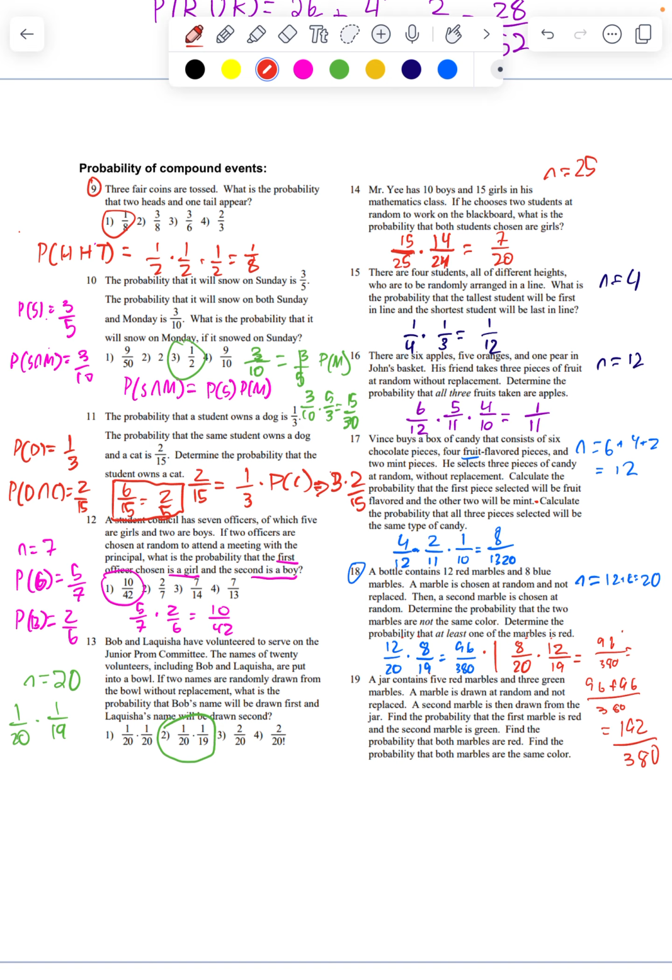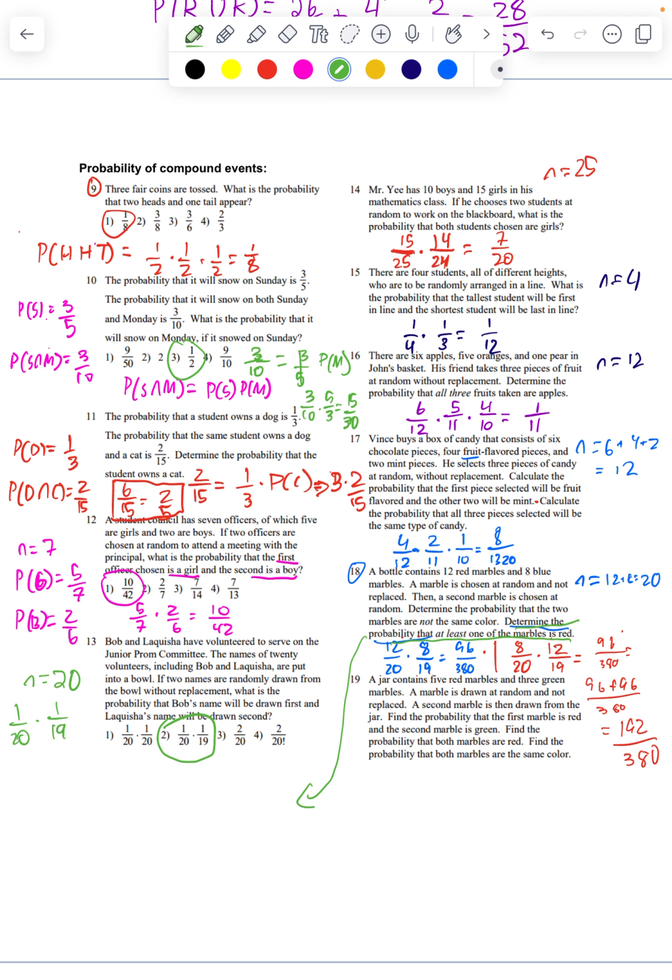All right. Now it's a little different. Now it's saying determine the probability that at least one of the marbles is red. So it's asking what's the probability of you getting, all right, this one. Let me change colors. Determine the probability that at least one of these marbles is red. I'm going to do this down here.